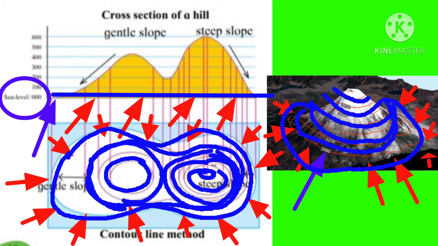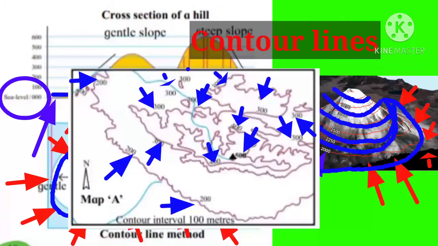Such lines are called contour lines. See map A. In the map, lines are drawn, each line joining places of a specific height. This way, the relief of the land can be easily shown. It helps to understand the slope of the land and the height of the different places.